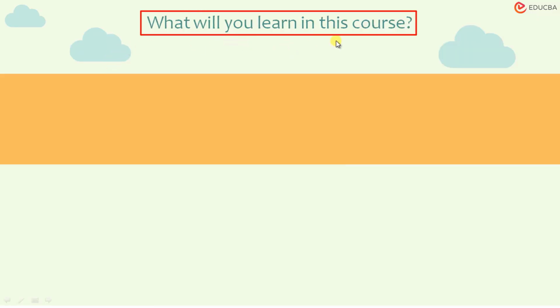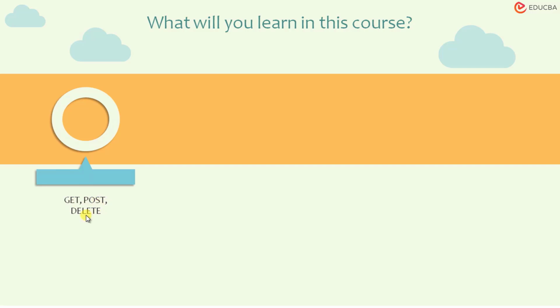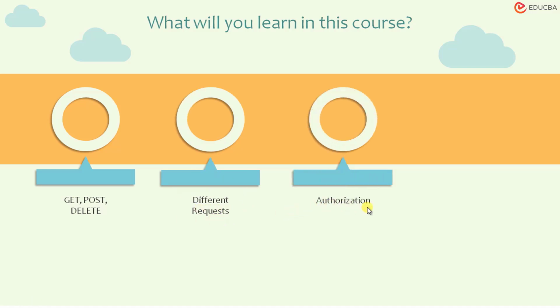What will you learn in this course? The following scenarios or topics you're going to learn from this course: get, post and delete requests. You're going to learn about different requests, authorizations and deserialization. These are the things that you'll learn from this course.